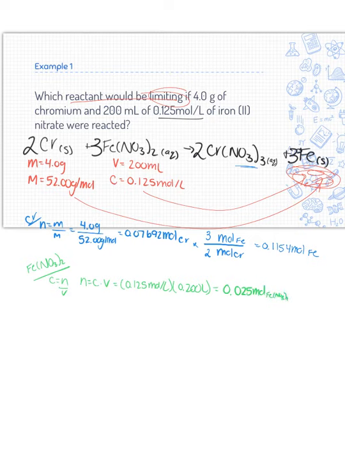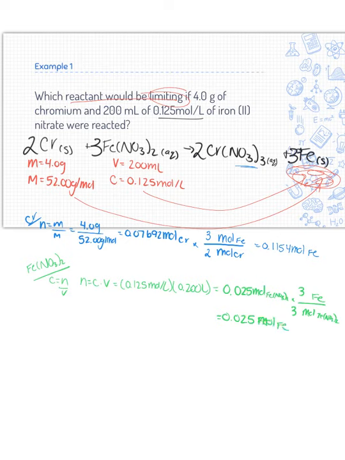So we still need to multiply by our mole ratio. We need to cancel moles of iron nitrate, and we're looking for moles of just iron. So this is a 3 over 3. We're going to get the exact same number of moles of iron.